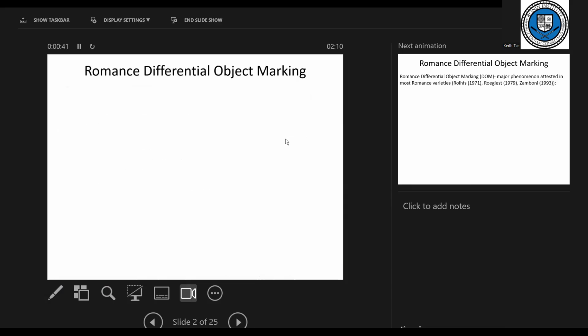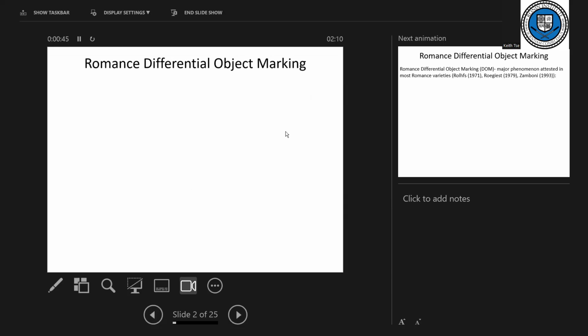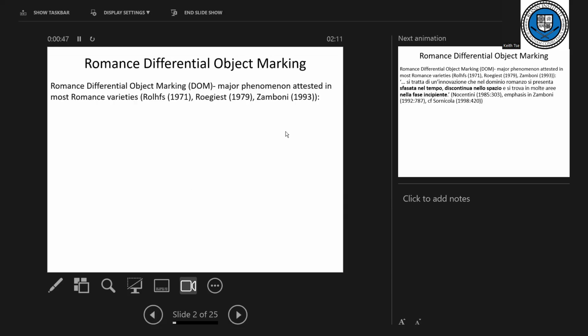First of all, Romance differential object marking is a very big and famous phenomenon. It exists in pretty much all Romance varieties, as pointed out by numerous scholars.